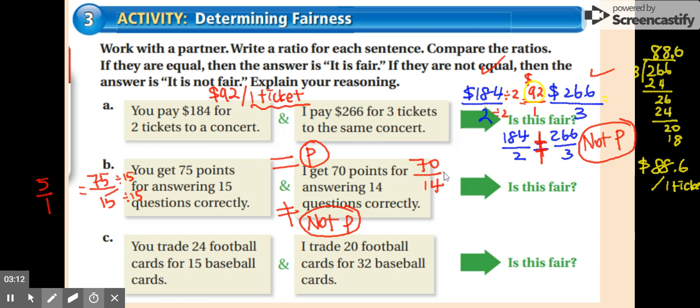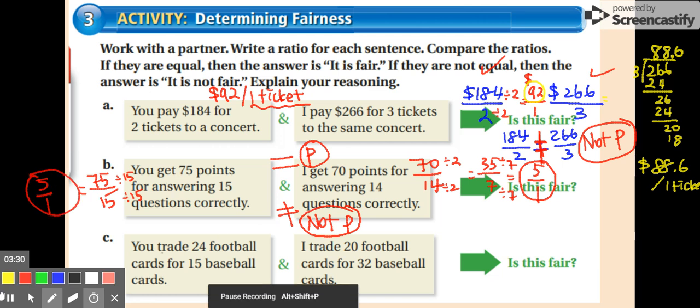What about this? I'm going to divide it by 2 and 2, so it's going to be 35 over 7, and you may divide it by 7 again, so it's going to be 5 over 1. They do have the same value. So is it going to be proportional or not proportional?